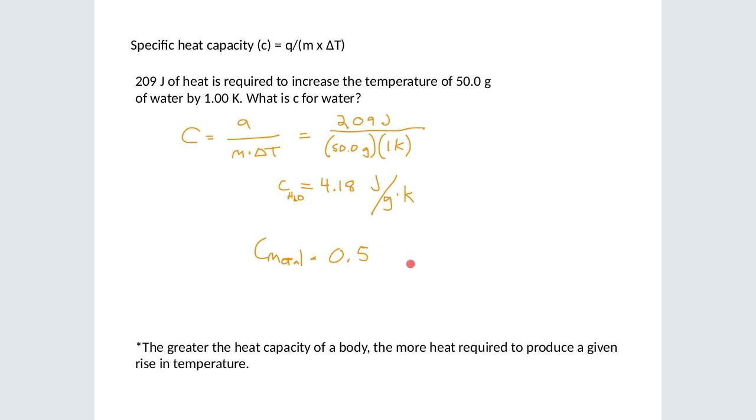If I'm comparing a metal that has a heat capacity of 0.5 joules per gram degree C or Kelvin, that means the metal has a smaller capacity to hold on to heat before it has to transfer it.